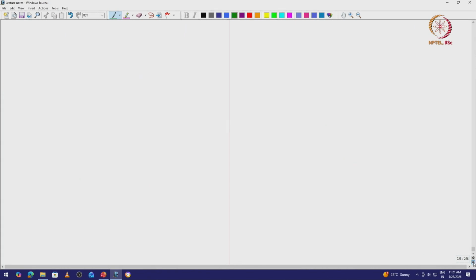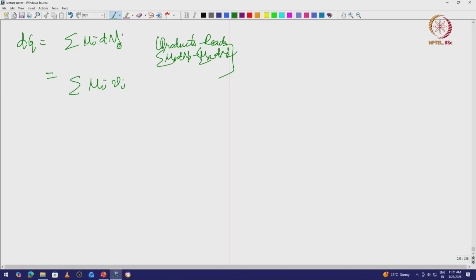Okay. Now, what is then dG? dG is nothing but sigma mu_i dn_i, right. So again mu_i dn_i is from products minus reactants, that is how I am writing it, right. So mu_p dn_p minus mu_r dn_r, that is how it should be looked at. Okay. So dG is mu_i dn_i, and instead of dn_i I am going to substitute the progress variable, sigma mu_i nu_i, that is my reaction, times d lambda, okay.